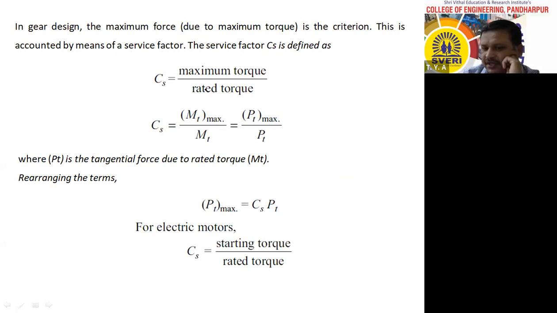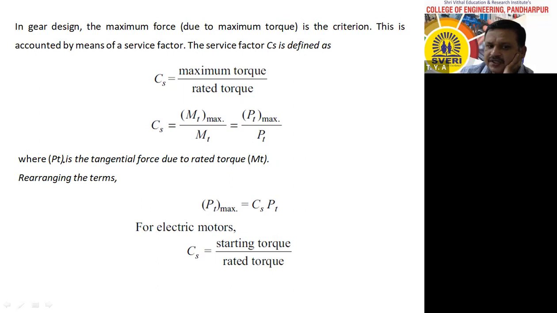Write down this formula. CS is equal to MT max divided by MT, which is equal to PT max divided by PT.